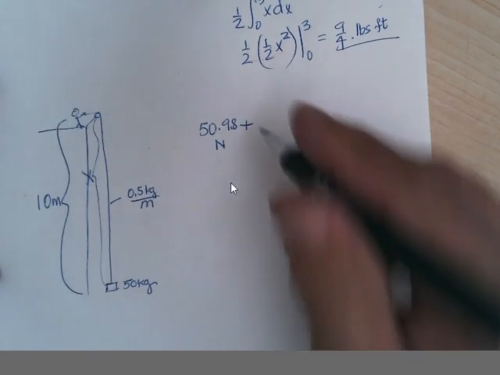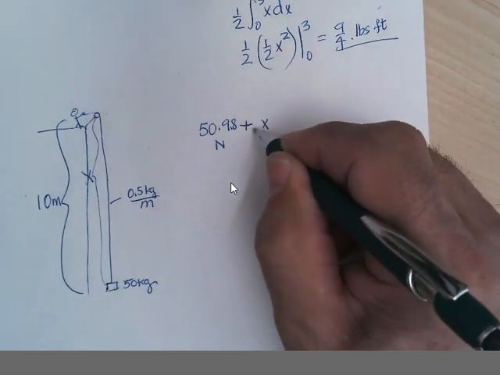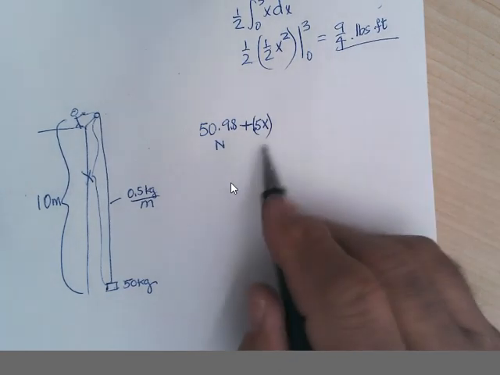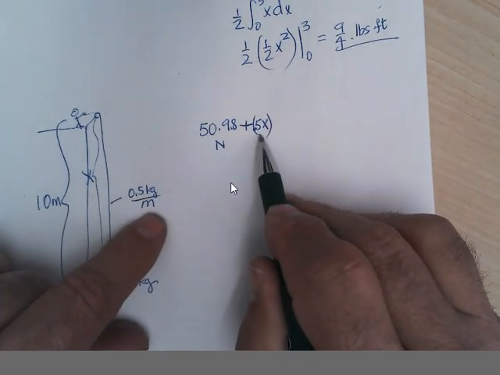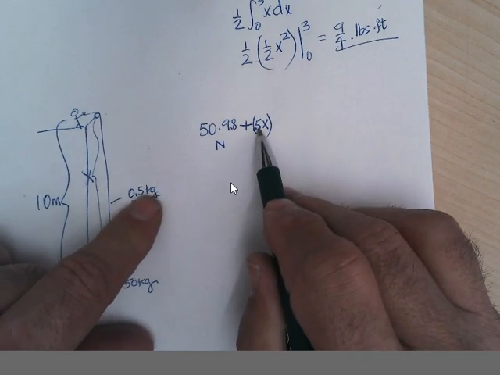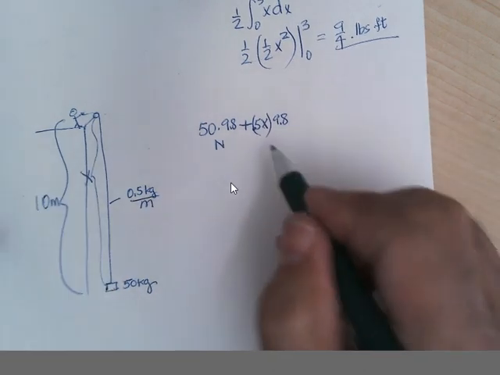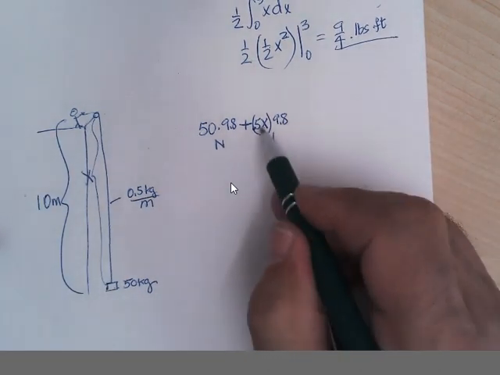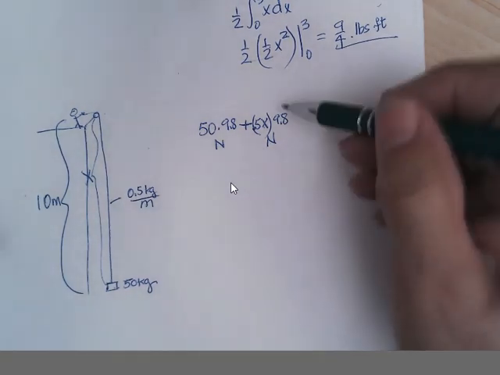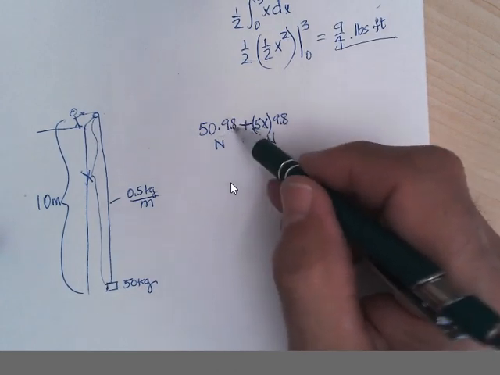If x is the length that's still over, it's going to be x times 0.5, which gives the mass of the rope. Kilograms per meter times x gives the mass, and I would have to take that times 9.8. That would create newtons. Kilograms times acceleration due to gravity gives the force, a weight. So that's the weight of the rope, and that's the weight of the bucket.